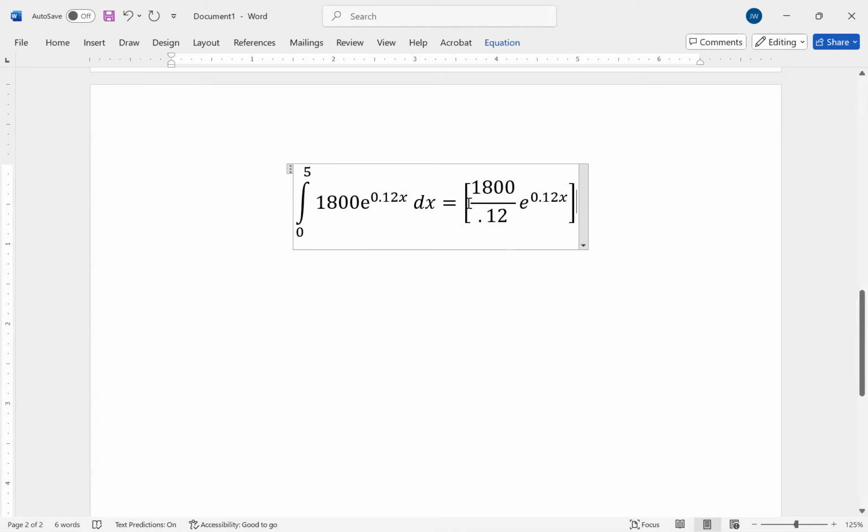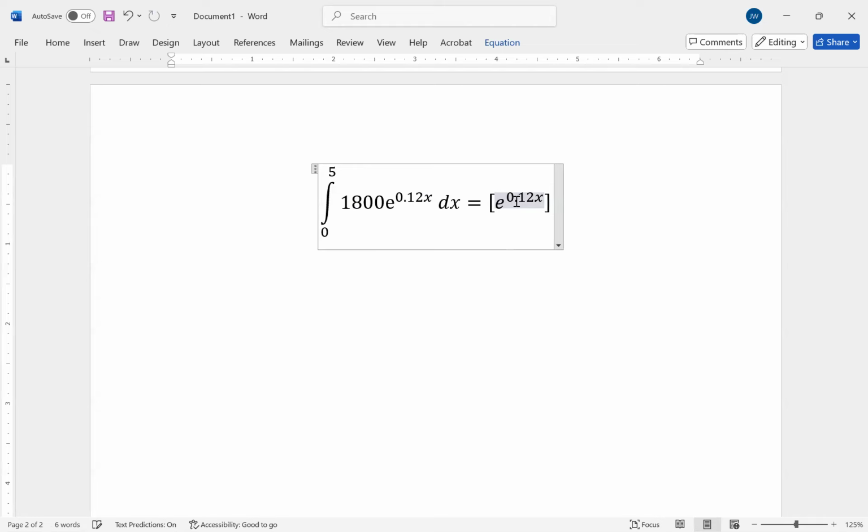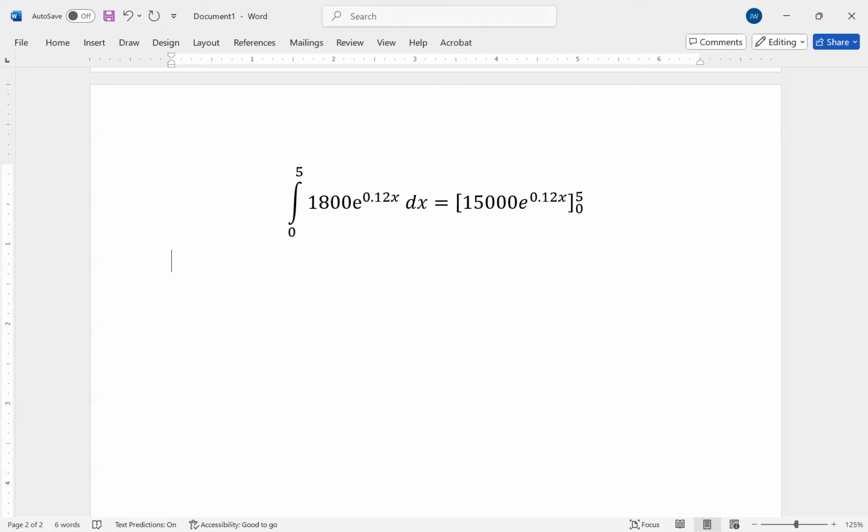If I take 1,800 divided by 0.12, that actually gives me a nice value out front, that gives me 15,000. So I get 15,000 e to the 0.12x, and then I'm going to plug in 0, plug in 5, and figure out what I get.